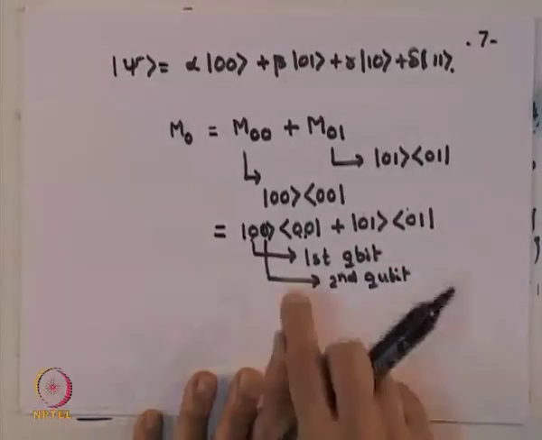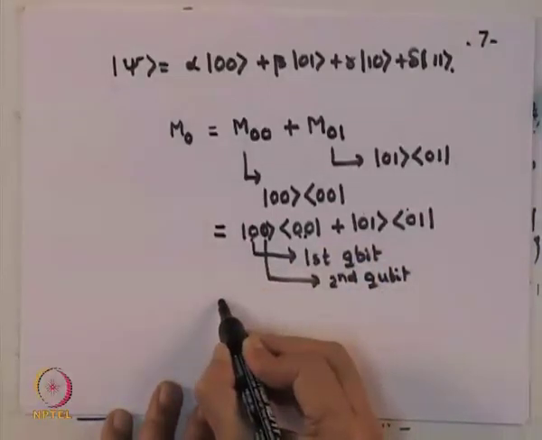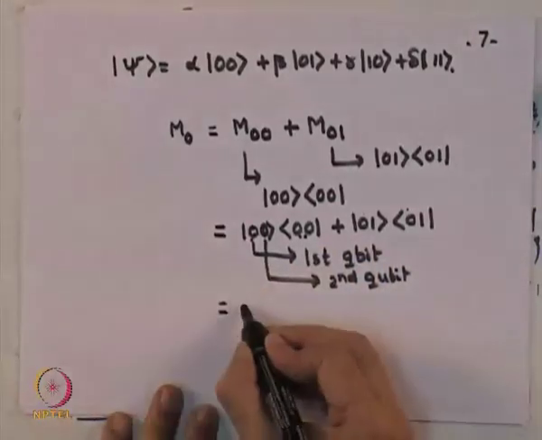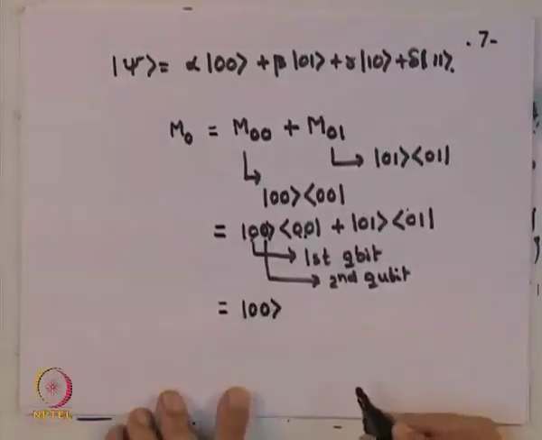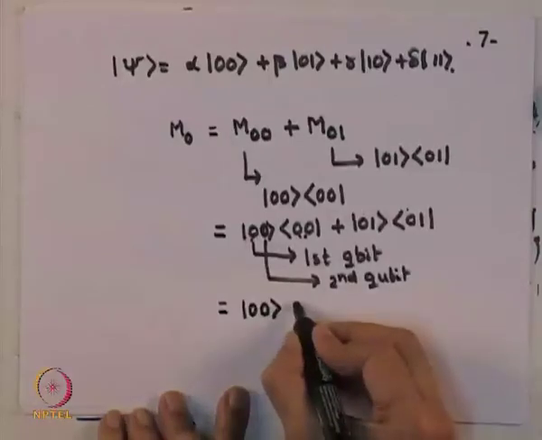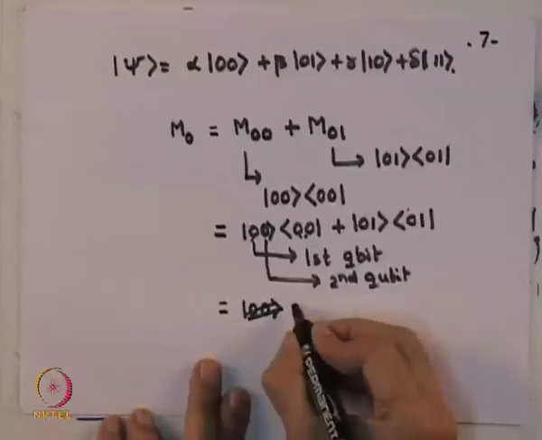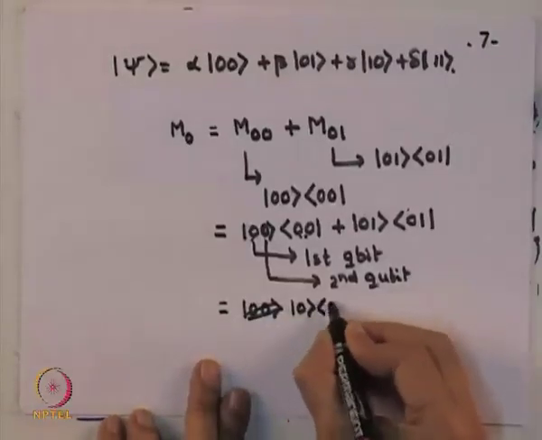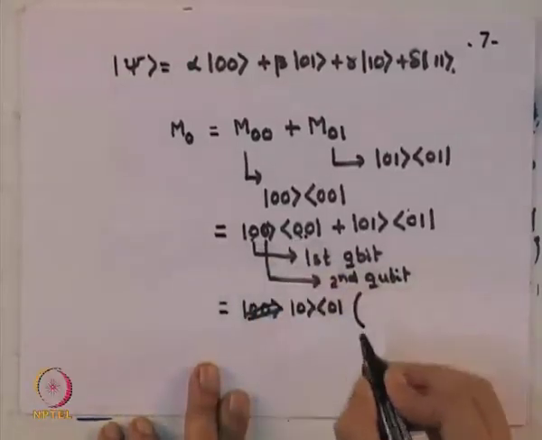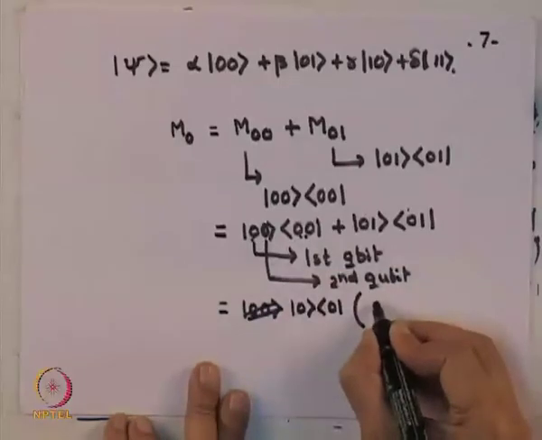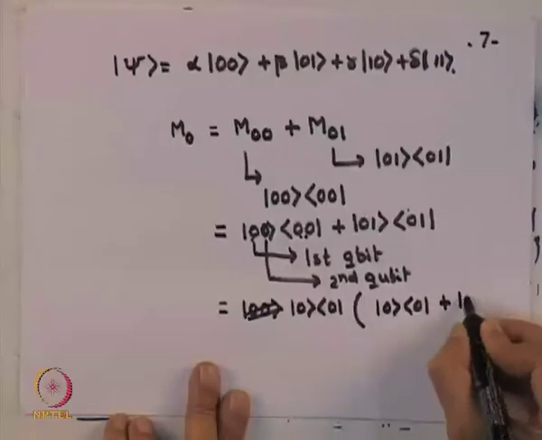So in other words, in both cases, my first qubit is the same. Supposing I change the notation a little bit, then you notice what I am getting is the following. This is |0><0|, which is this term, multiplied with |0><0| plus |1><1|.